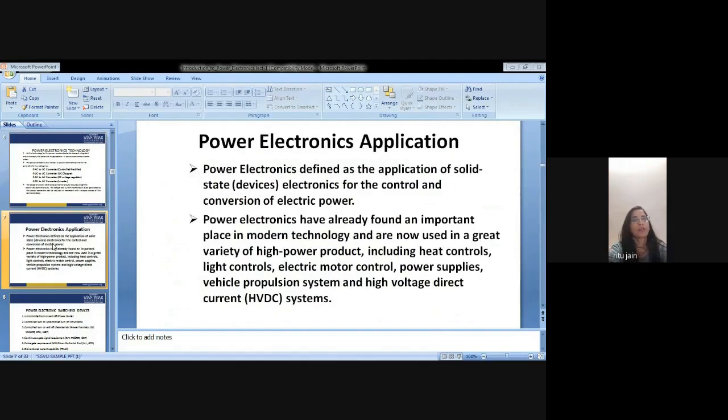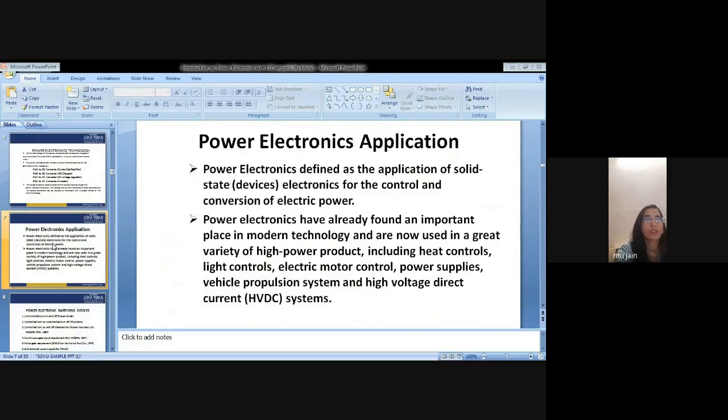Power electronics applications. So what are the power electronics applications? Power electronics is defined as the application of solid state electronics for the control and conversion of electric power. Power electronics have already found an important place in modern technology and are now used in a great variety of high power products, including heat controls, light controls, electric motor control, power supplies, vehicle propulsion systems, and high voltage direct current systems.